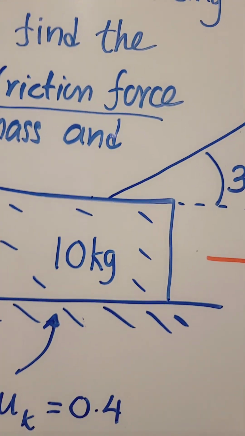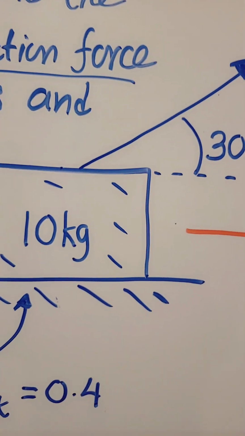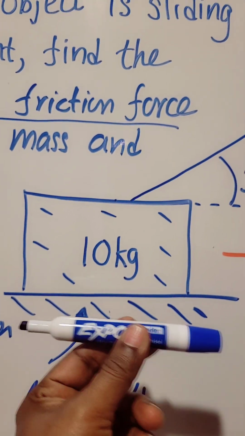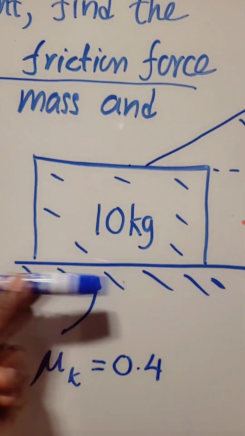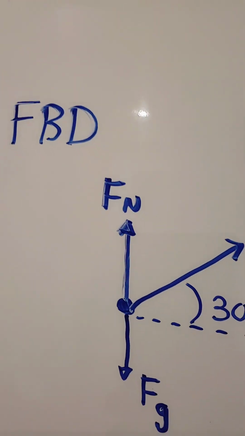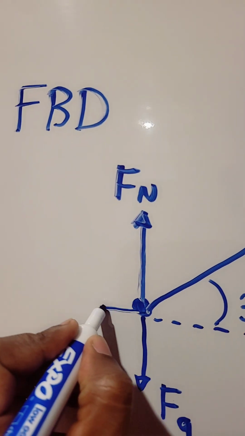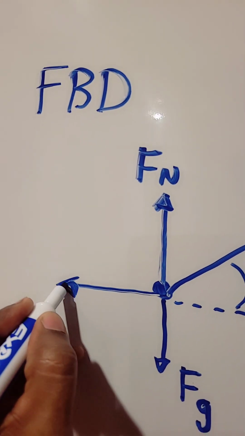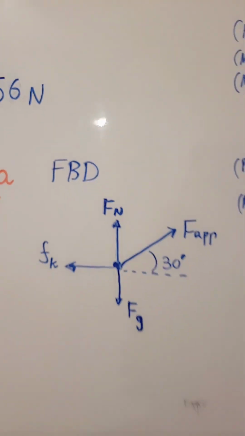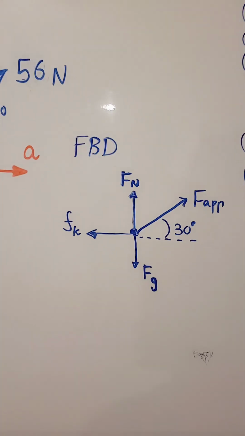As a result, there's going to be a friction force in the opposite direction, and that's a kinetic friction force because it's in motion, right? So then I need to draw the kinetic friction force, F sub k. That's the free body diagram related to this problem.